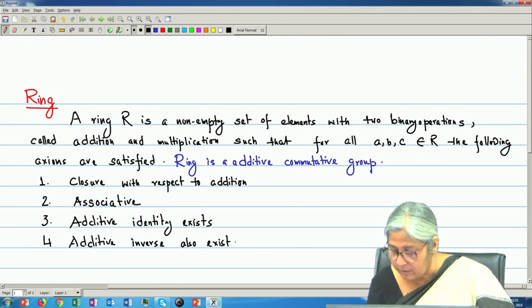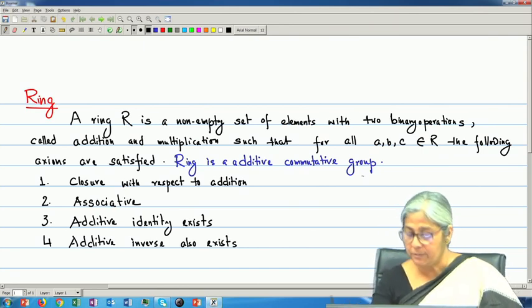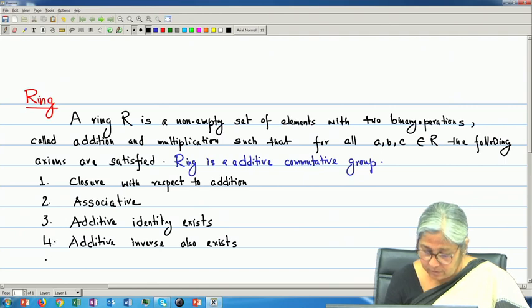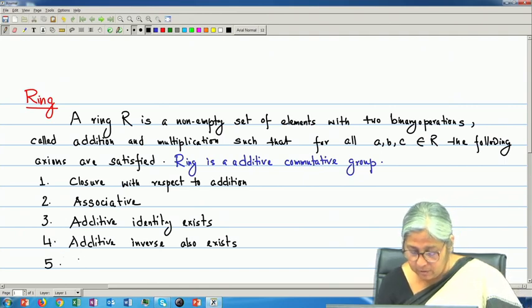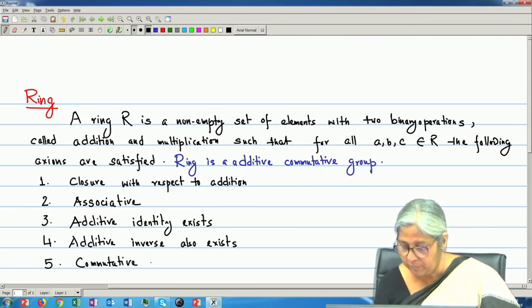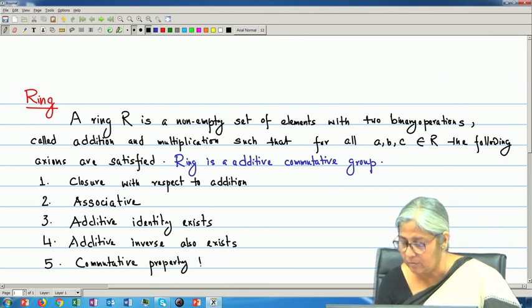Now, it is a commutative group, so the commutative property must hold.